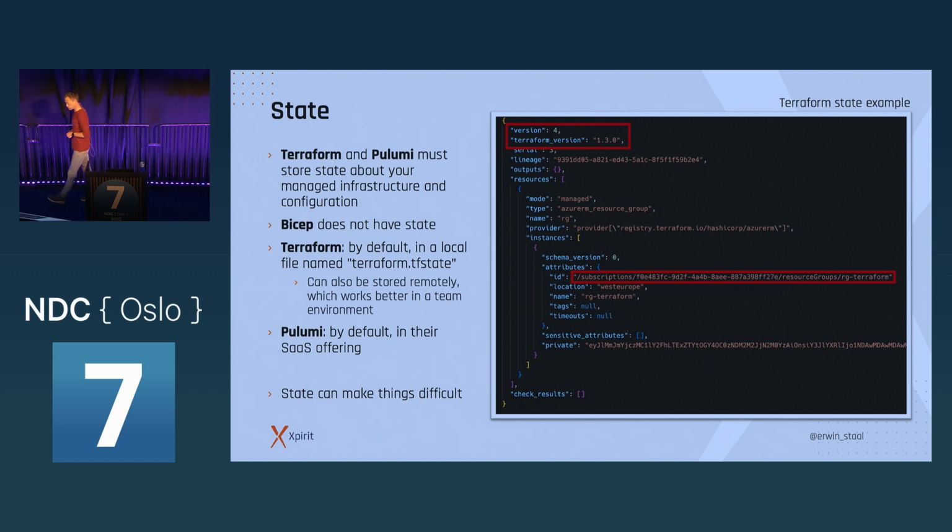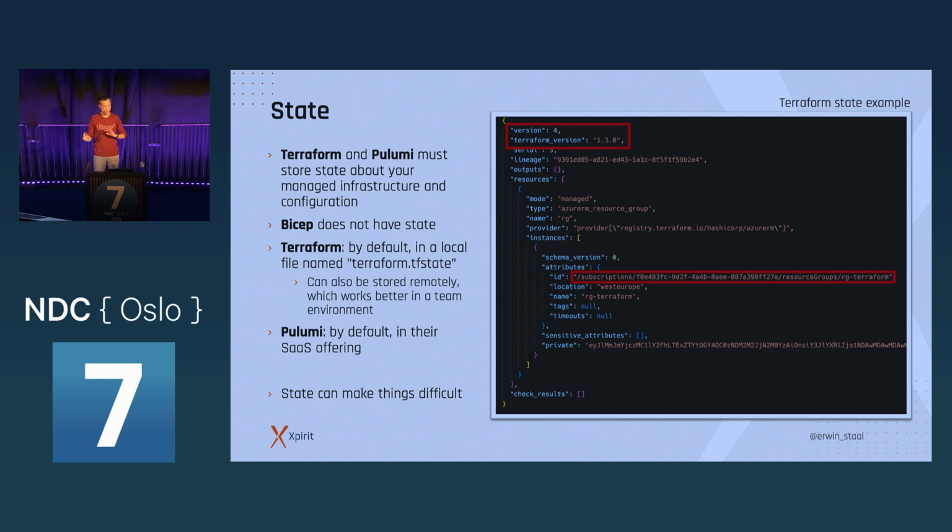All right. What Terraform and Pulumi also have in common is that they need a state file. And in this state file, they store information on what the world looks like according to them. So in this particular example, you see a bit of version information on Terraform itself, and then you see that I created a resource group in Azure, and that it stores all the information on that resource group in the state file.